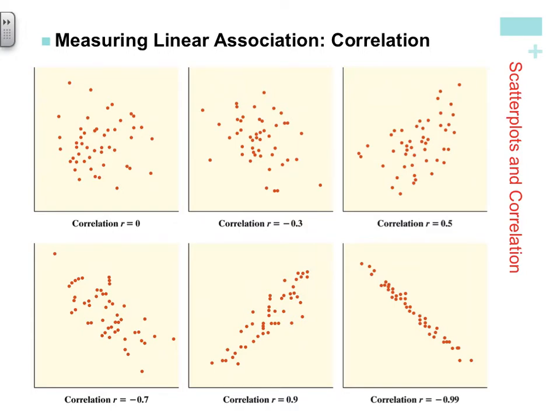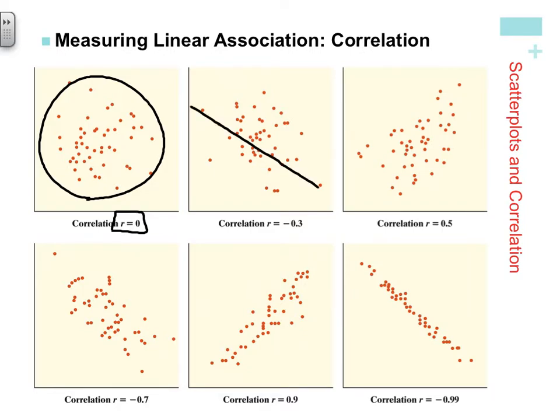So let's take a look at what these might look like. Not much going on right here. I don't really see a linear pattern whatsoever. There is your weak correlation of 0. You could sense that you have a bit of a negative association here.